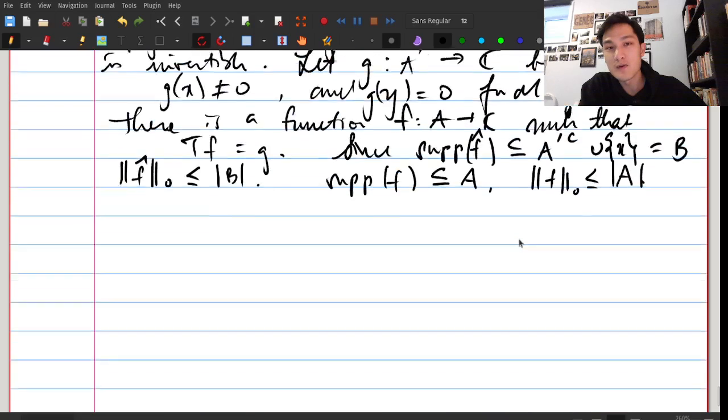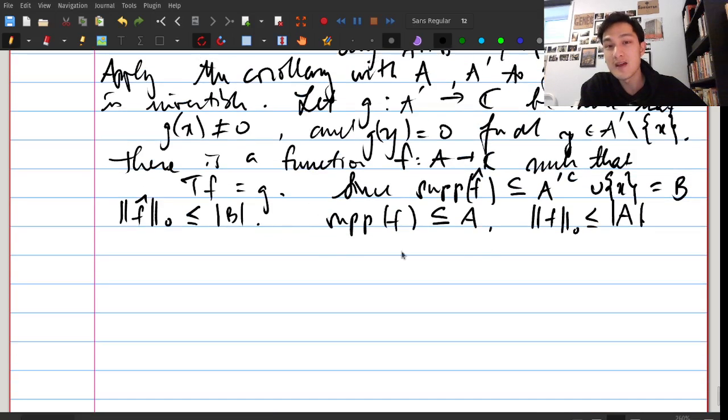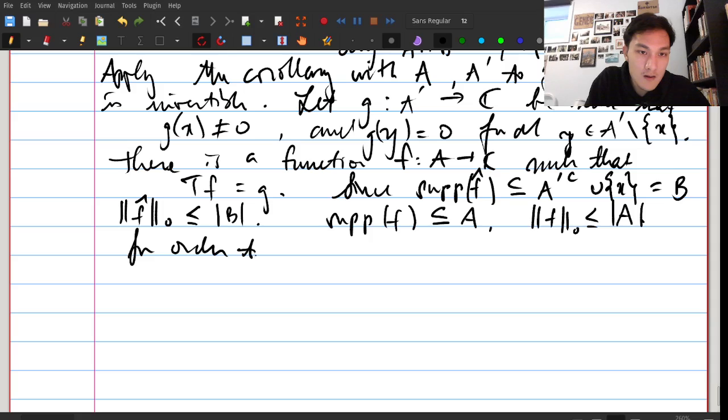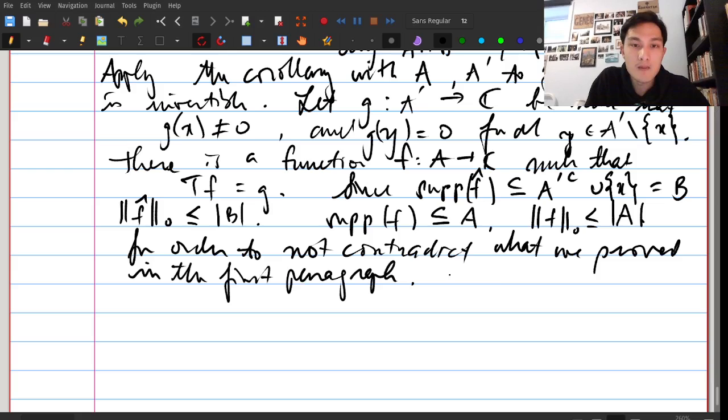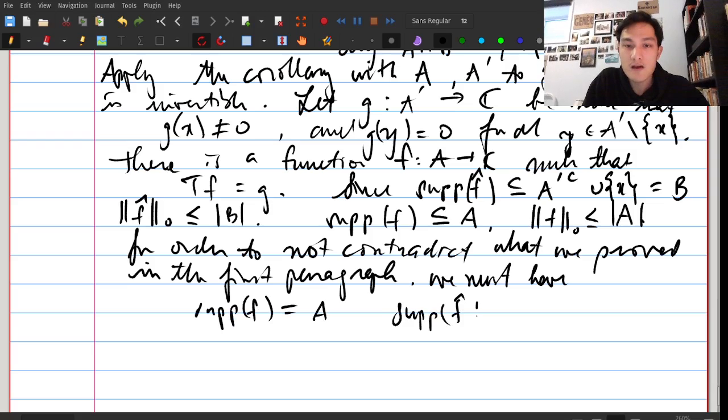And since we found that they are at most the size of A and the size of B, and A and B add up to p plus 1 exactly, in order to not contradict what we proved in the first paragraph, we must have support of f equals A and support of f hat equals B. Okay, so that's the case in which we have equality.